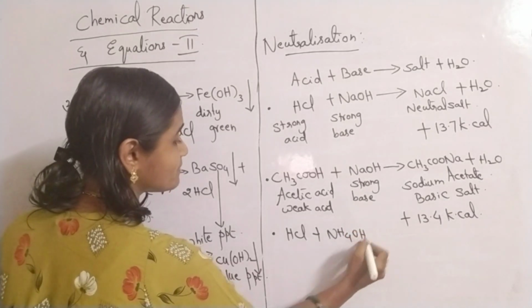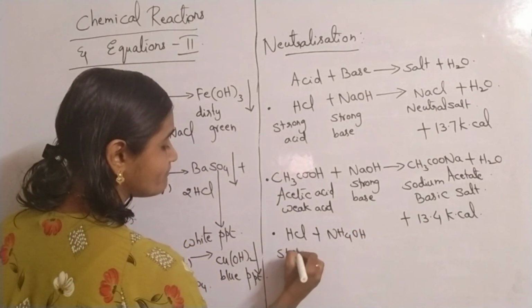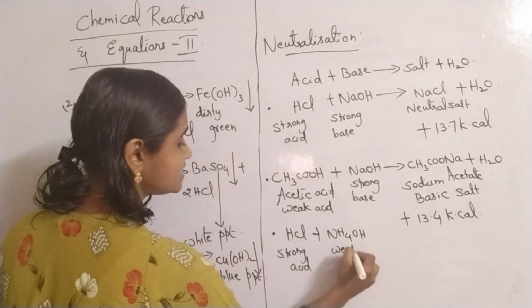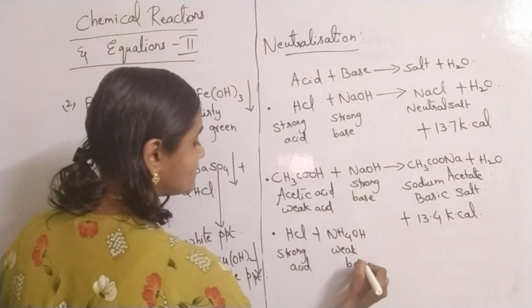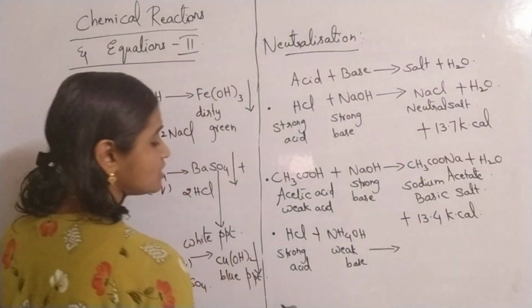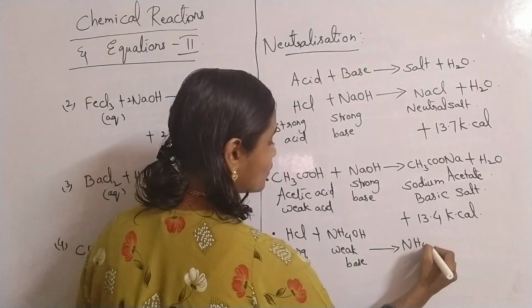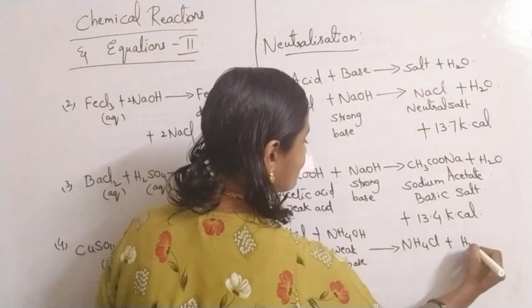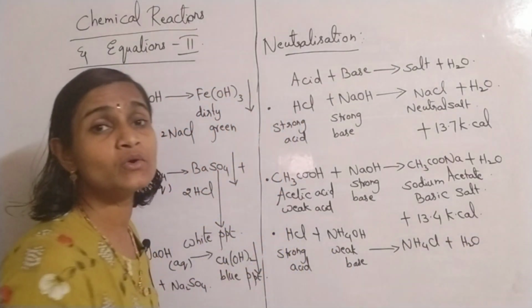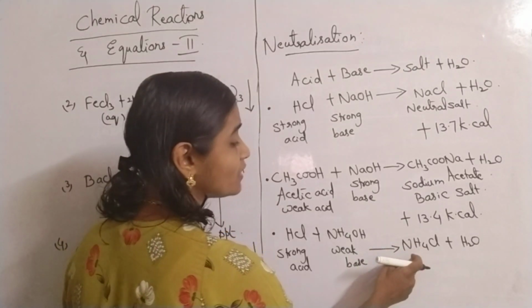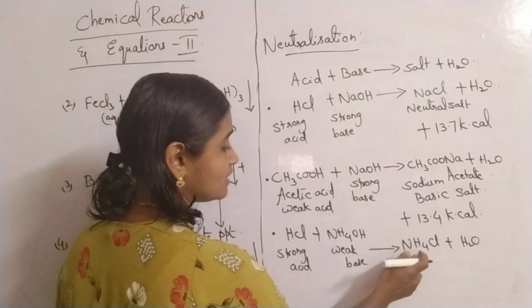NH4OH, weak base, with strong acid. Now strong acid reacts with weak base, then it gives rise to salt. Here NH4Cl is a salt which is formed, plus H2O. Here also salt and water only will form, but still here NH4Cl, ammonium chloride, is what type of salt?